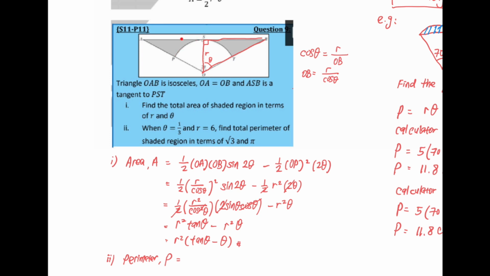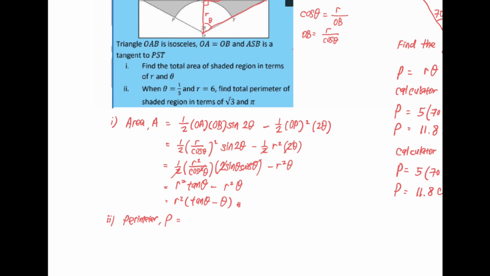So this is the perimeter, and this side also. Basically you need to find the perimeter of one side, then you times 2, then you get the whole perimeter. Okay, so now let's work it out.